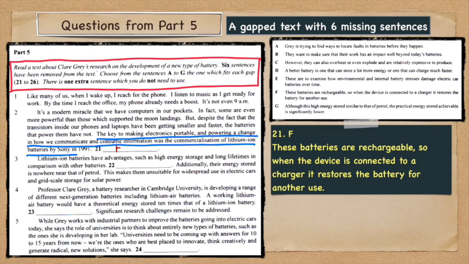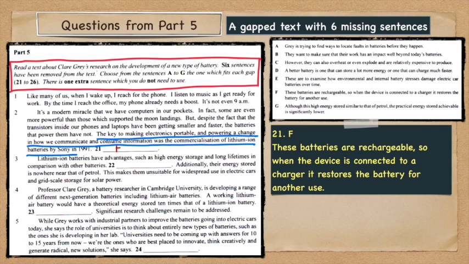Now let's look at question 22. Okay, let's read paragraph 3. Lithium-ion batteries have advantages such as high energy storage and long lifetimes in comparison with other batteries. So you need to find the continuation for that sentence.